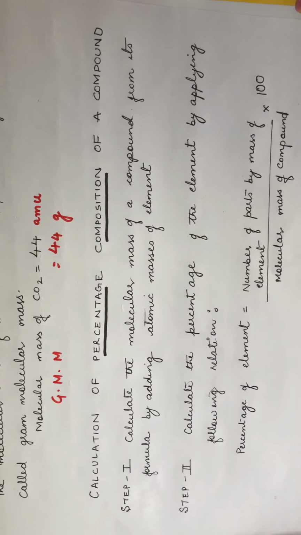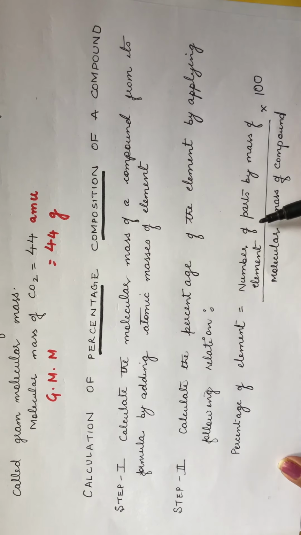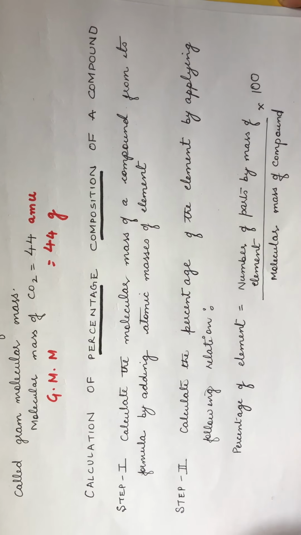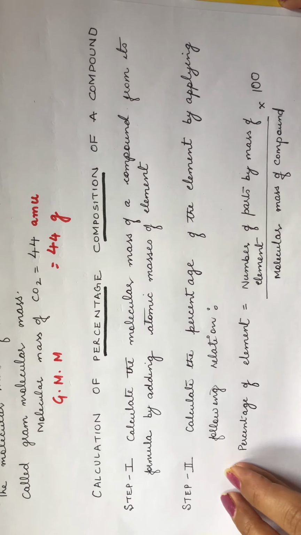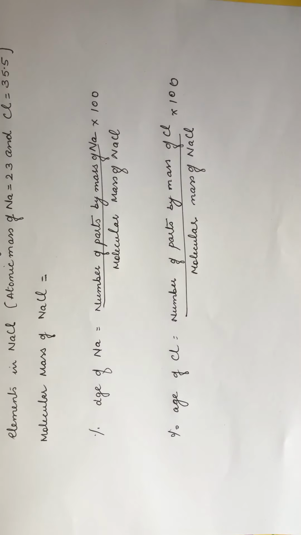The percentage of the element is equal to the number of parts by mass of the element over the molecular mass of the compound, into 100. This is the same method as percentage of marks: the marks obtained in any subject over the total marks into 100, we calculate our percentage in exams. The same way this formula is made.